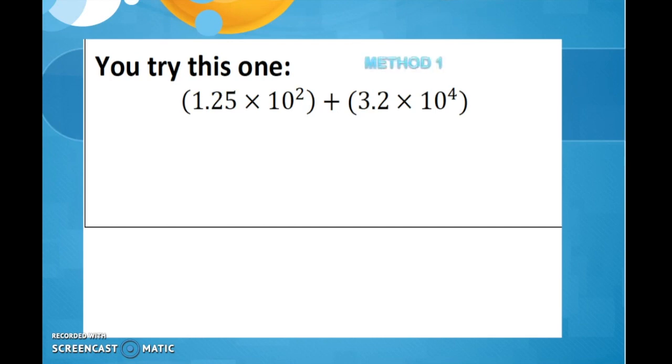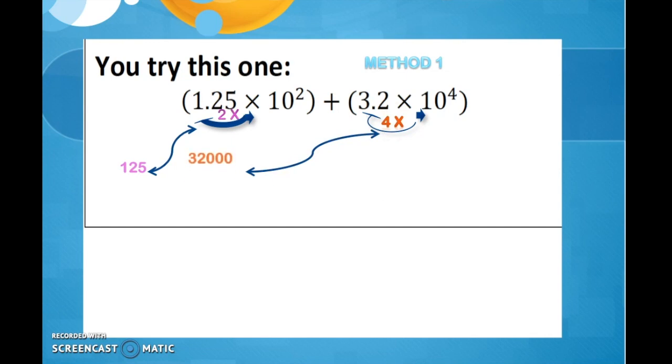I'm going to first start with method 1. Method 1 wants us to put both numbers in standard notation. So we're going to start off with the first factor, move it 2 places over, leaving us with 125. Look at the second factor, move that 4 times over, leaving us with 32,000.